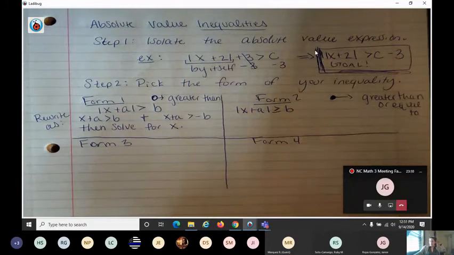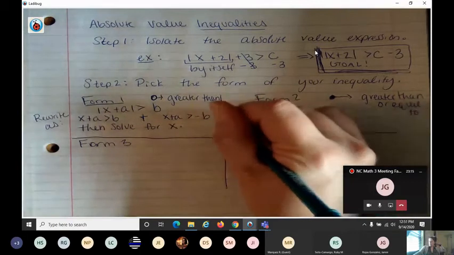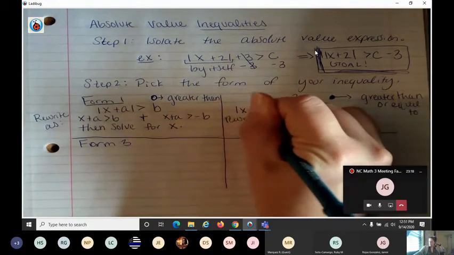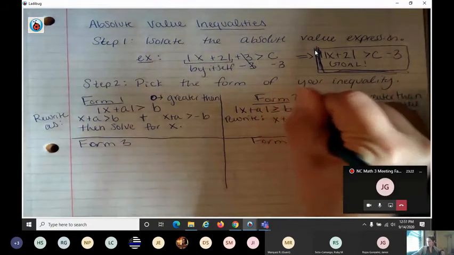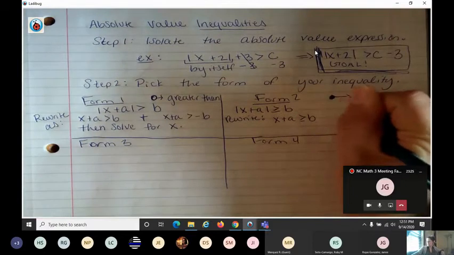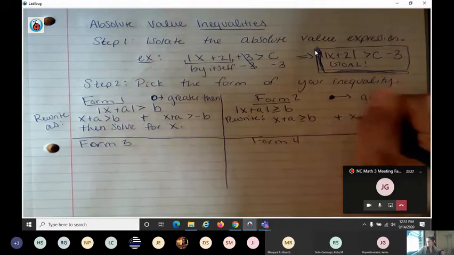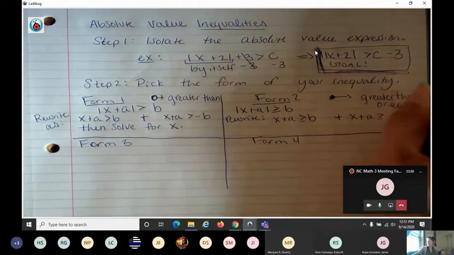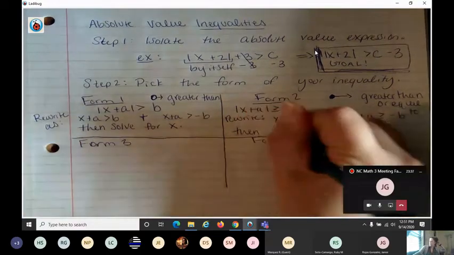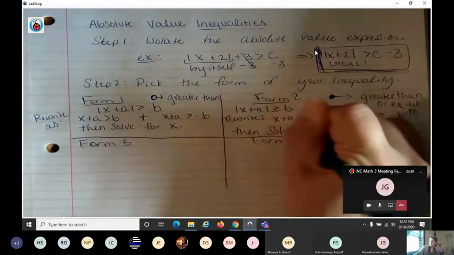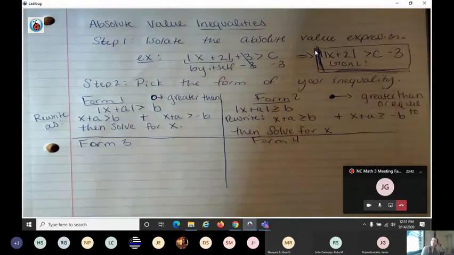Okay, so this is greater than or equal to. And we're going to rewrite this in 2 different forms. We're going to have x plus a is greater than or equal to b, and we're going to have x plus a is greater than or equal to negative b. Okay, and then we would solve for x. Okay, what questions do you guys have about that?